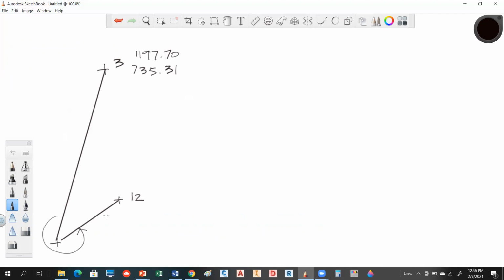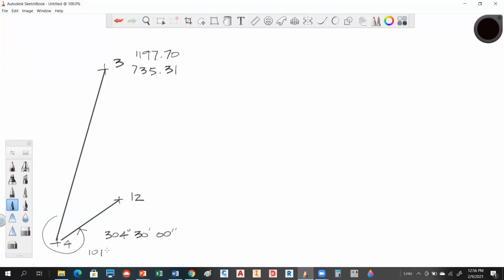So this guy right here, we measured this angle. We know that distance. Let's see, this is 4. I'm going to cram this in here. Let's see, that angle at 4 was 304°30'00". And we also know the coordinates at 4.